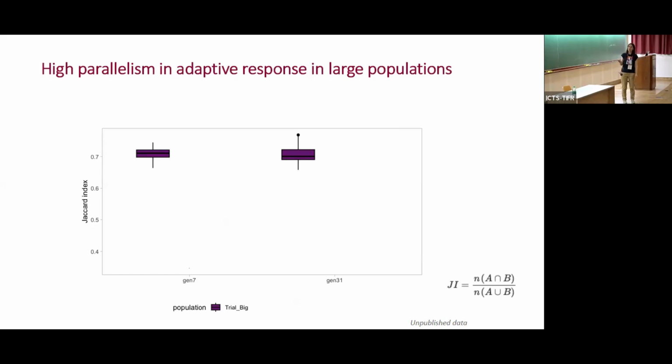And we see that in these large populations, at generation 7 and 31, there's basically no difference in parallelism, so it has plateaued. And it's quite high, around 0.7, meaning that if you randomly choose 2 replicates, there's a chance that 70% of differentially expressed genes are the same.